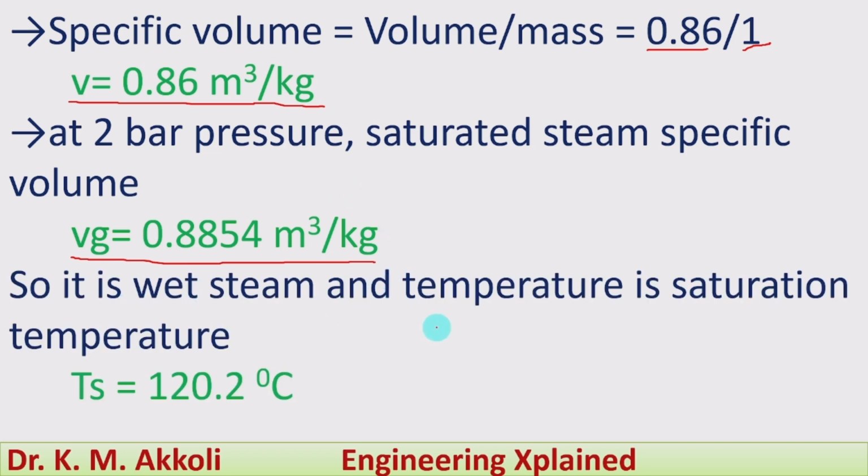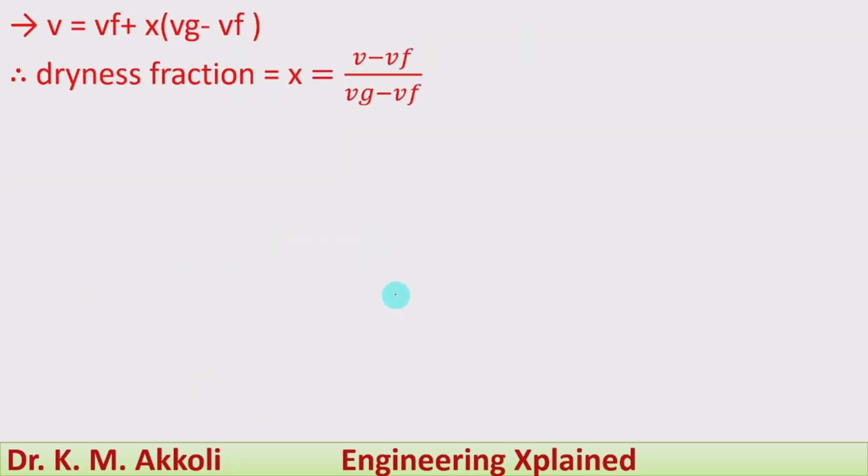So it is a wet steam, and the temperature is the saturation temperature that we can take from the steam table at 120.2 degrees Celsius. Then moving further, to find the dryness fraction, we use this relation, where the specific volume of the steam is given as V equal to Vf plus x into Vg minus Vf.